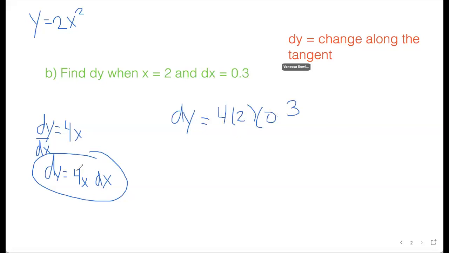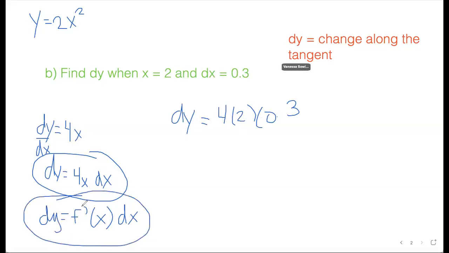In other words, you are taking the value of the derivative at x times dx. That's the general formula you would use: you take the value of the derivative of the function at x, times dx, which is the change in x along the tangent line. We just multiply these together, and we end up with 2.4.